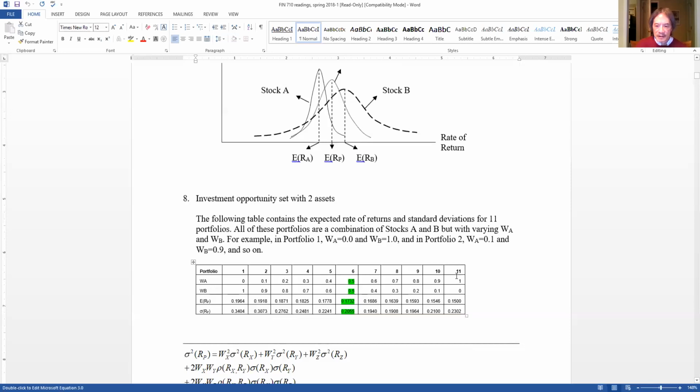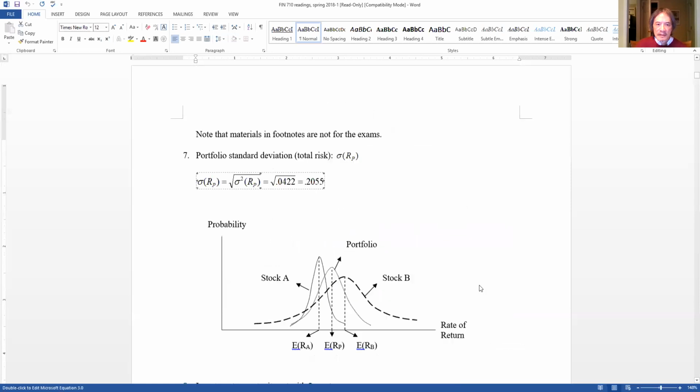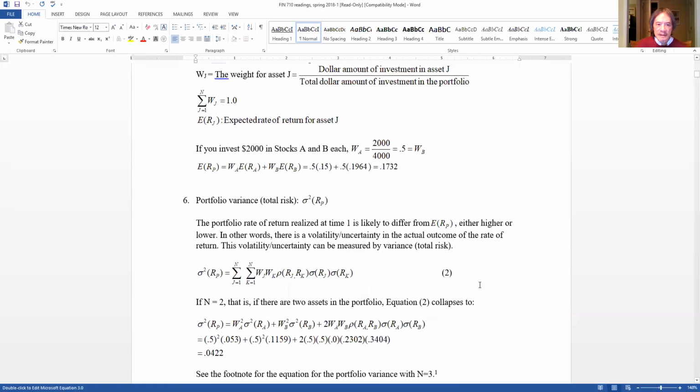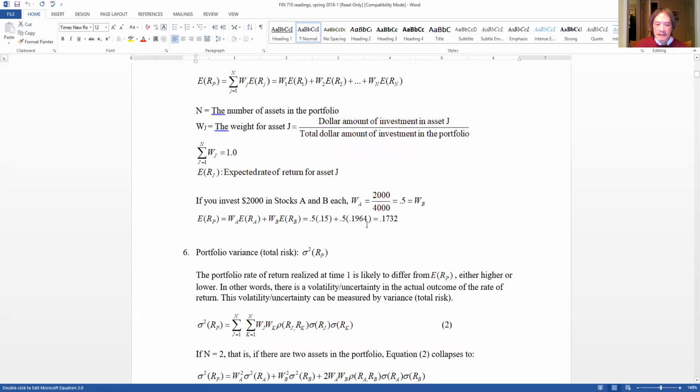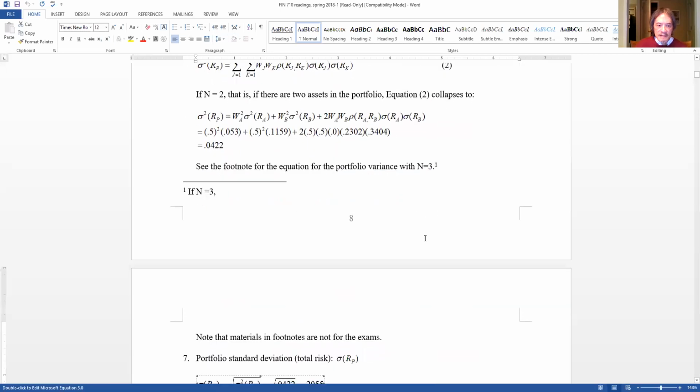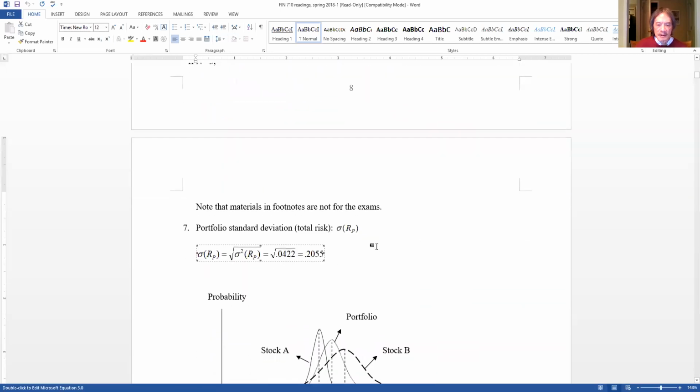Up to this portfolio, we have 100% investment in A and 0% of the money investing in B. Now, each set of weights will give a different expected return on the portfolio and a different standard deviation of the portfolio.